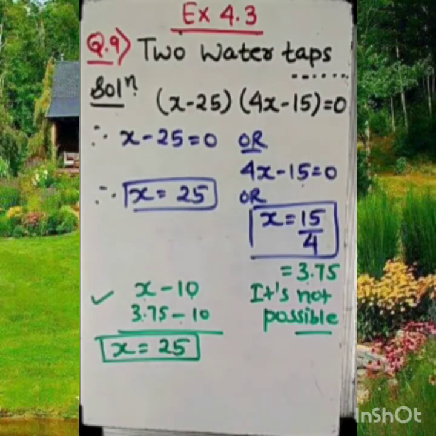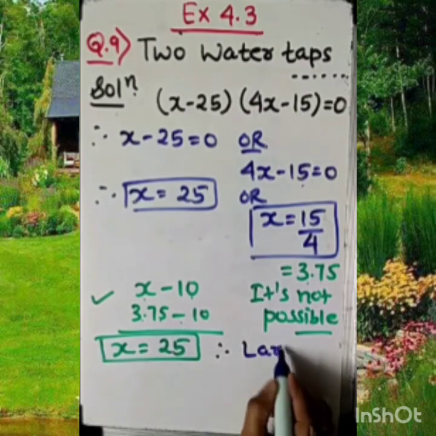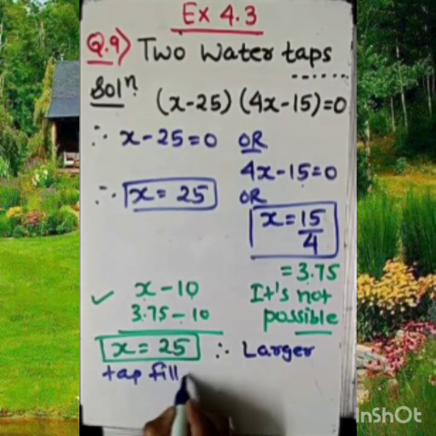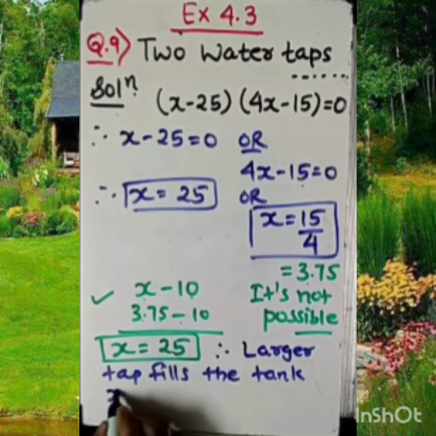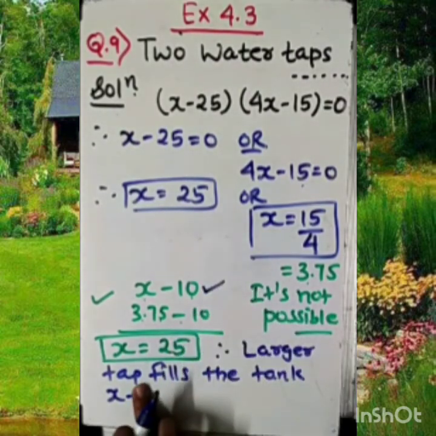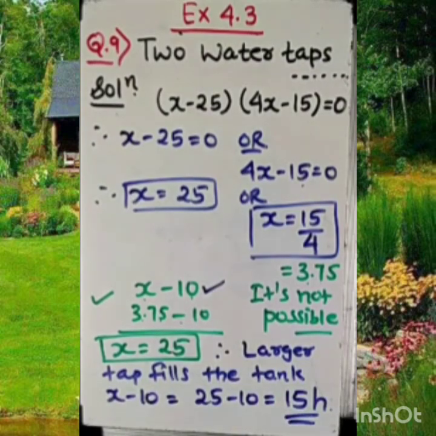So let's go with that. So the larger tap fills the tank in x minus 10, that is 25 minus 10, that is 15 hours. That is the time taken for the larger tap.